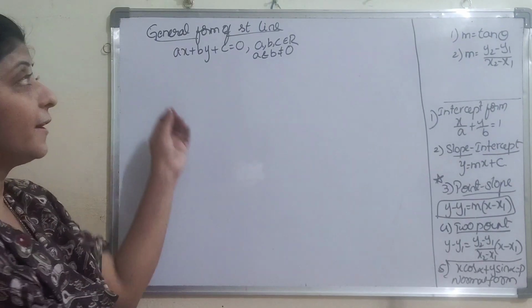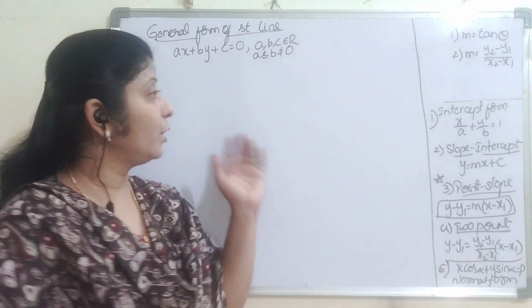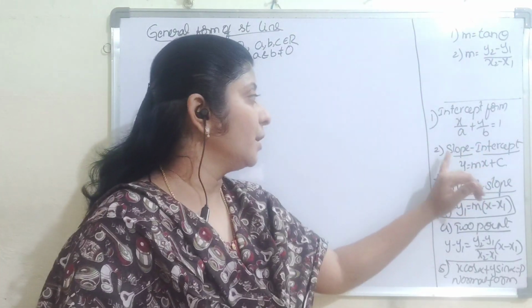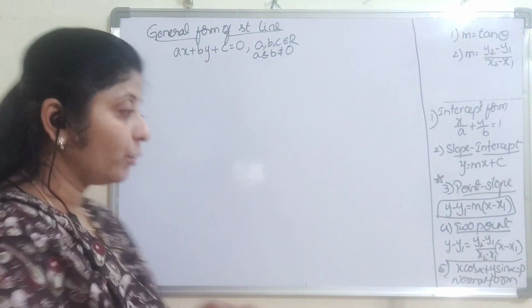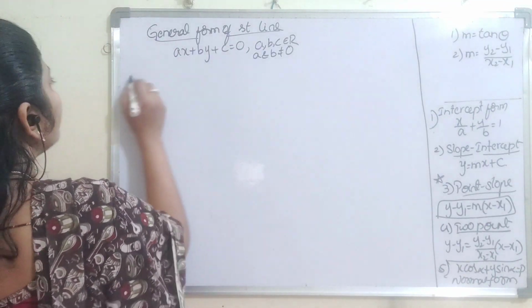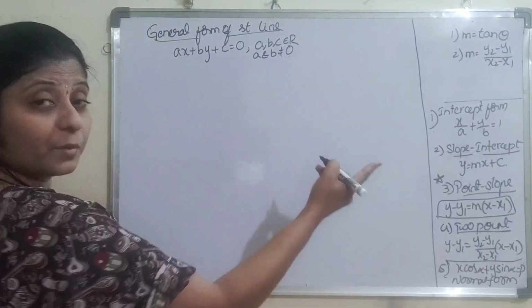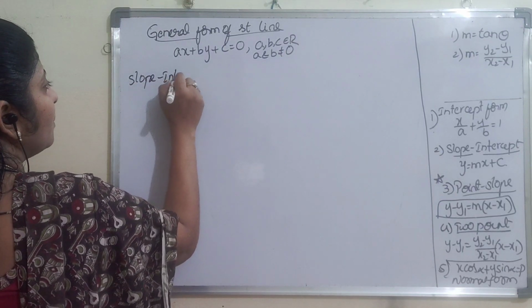So this is called the general form of a straight line. For this one we will convert it into slope intercept form, intercept form, and also normal form, so into three parts here. So first one, we will find the slope, second form, slope intercept form.